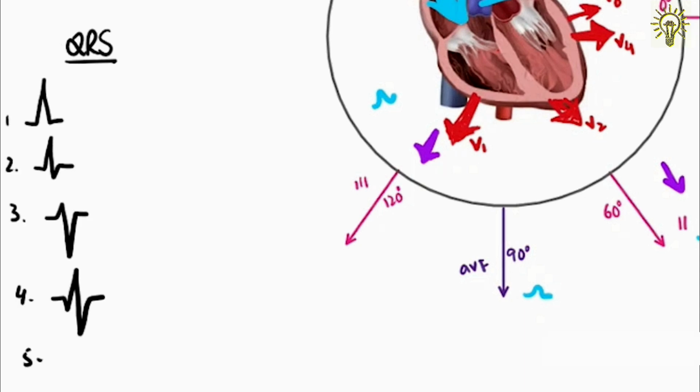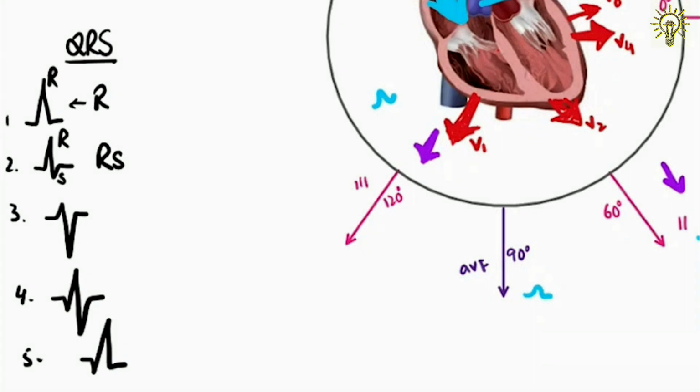For example, waveform 1 has no initial negative deflection, so there is no Q wave in the complex. Instead, there is a big positive deflection. This will be marked capital R. In wave 2, there is a huge positive deflection called capital R, followed by a small negative deflection called the small s.